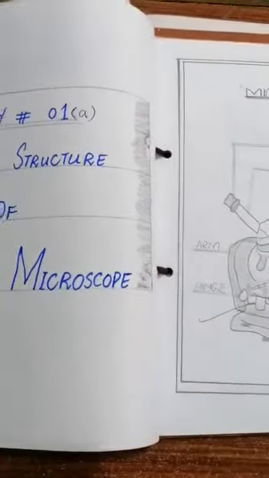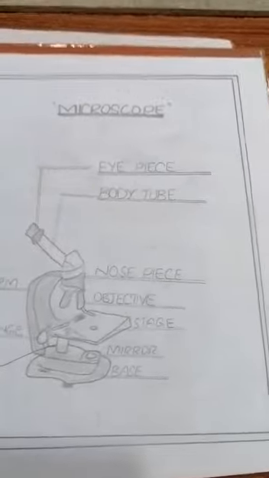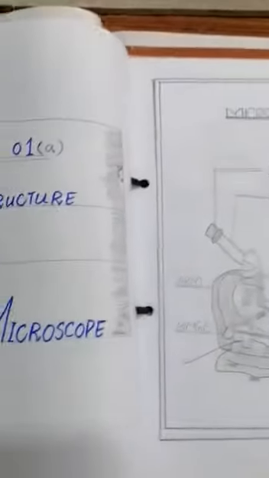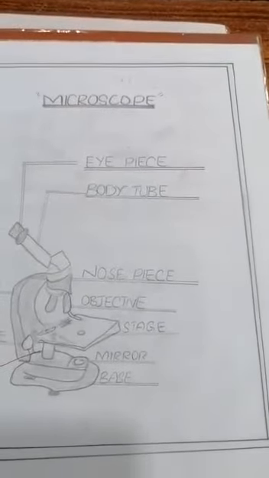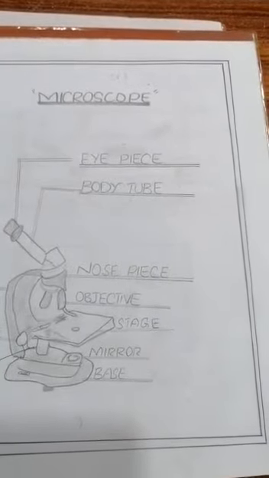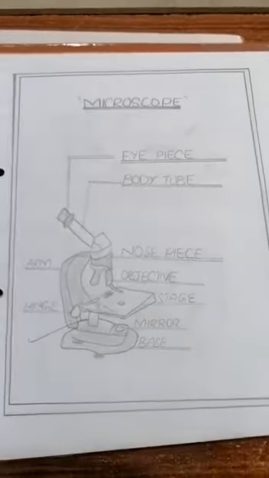And on the other page, in front of this page, you are going to draw the diagram, that is the diagram of the microscope. In this way you are going to draw all your biology diagrams in your practical notebook. Now, note down which diagrams you are going to draw.